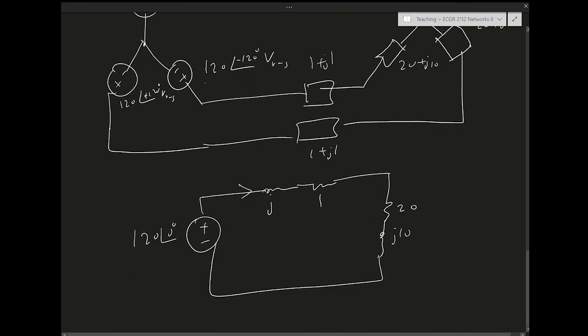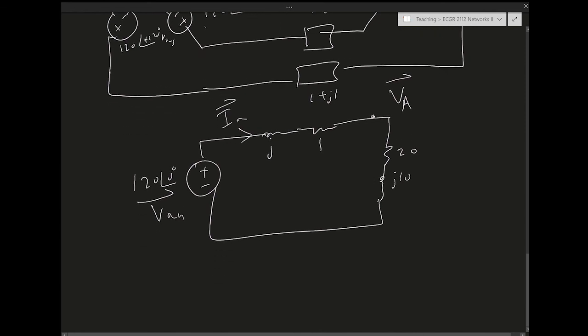So this is VAN, this is IA, and this is the load voltage, let's call it VA, the voltage at the load.